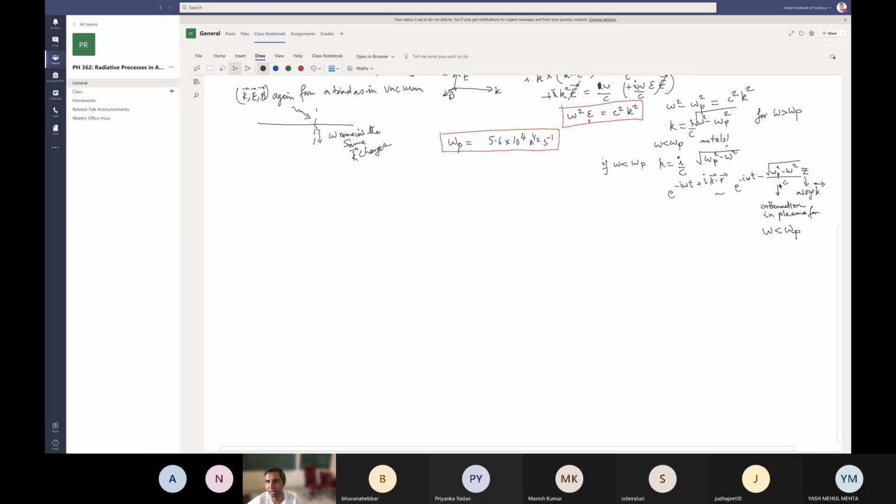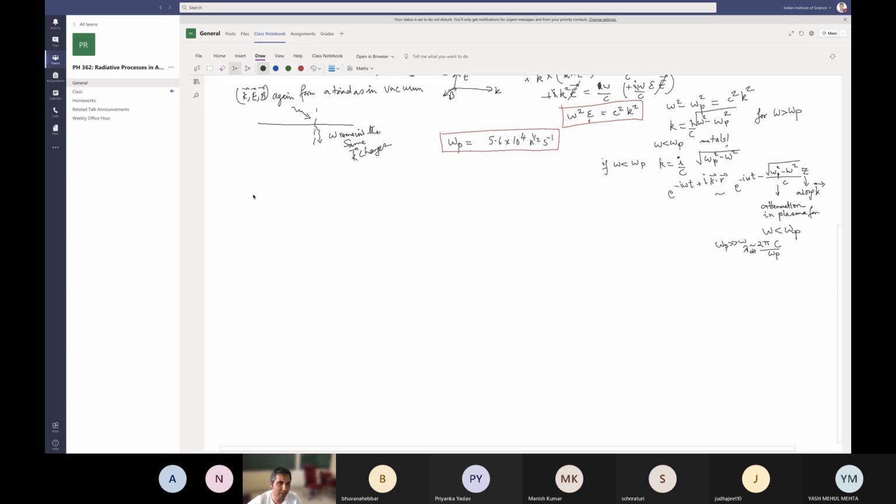The length scale over which this attenuation happens is just 2 pi by k. The attenuation length is 2 pi by k, which is of order c over omega p. Okay.